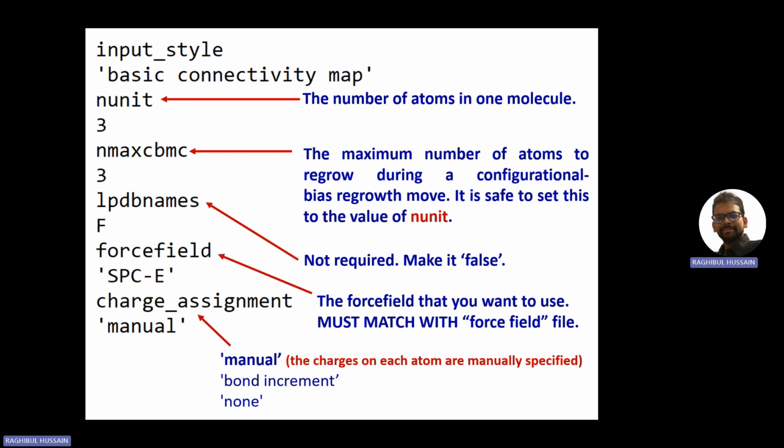Here we are using the basic connectivity map. Now in this case, we have water. So you have to tell how many atoms are there. The second variable is the number of atoms in one molecule. So we have 3.